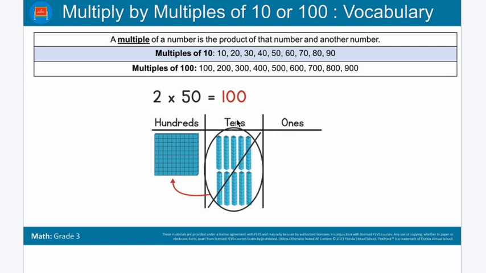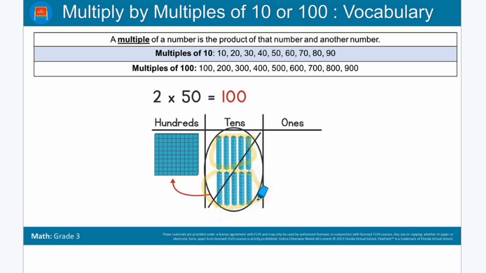Another way that I can use multiples is to think about groups. So for example, 2 groups of the number 50. That's like saying, here's a group of 50, here's a group of 50. Again, I have 5 ten rods right here, and then I have 5 more ten rods right there.